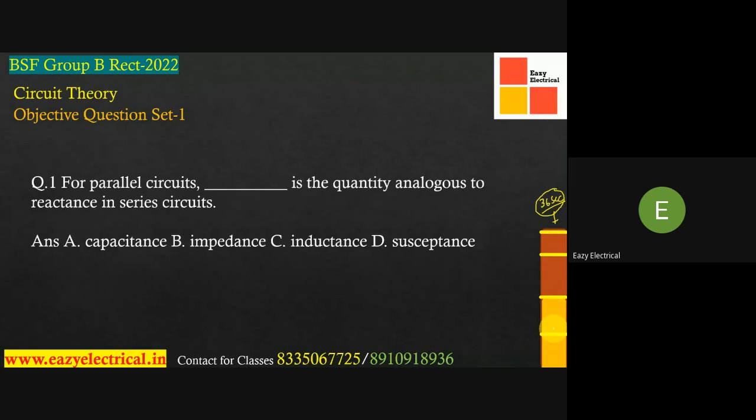The question is: for parallel circuit, dash is the quantity analogous to the reactance in the series circuit. The options are capacitance, impedance, inductance or susceptance. If you do not answer within time, the answer key will come up just like this.